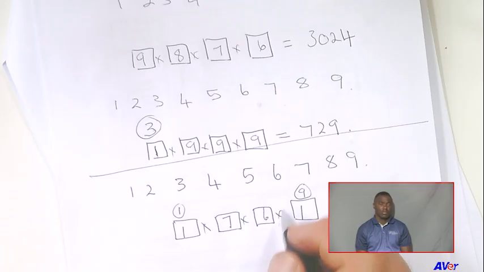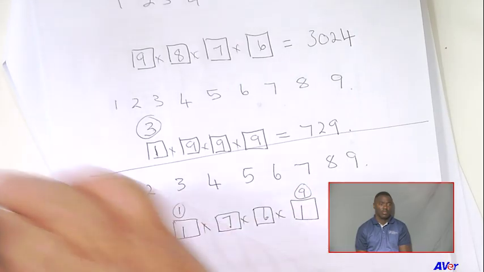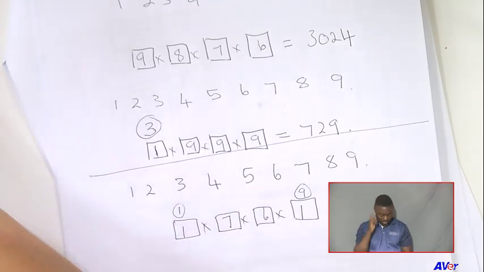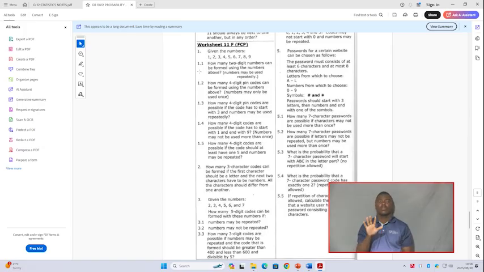Right, people, let's go on to question 1.5. Question 1.5 says, how many 4-digit codes are possible if the code should have at least one 5 and the numbers may be repeated?